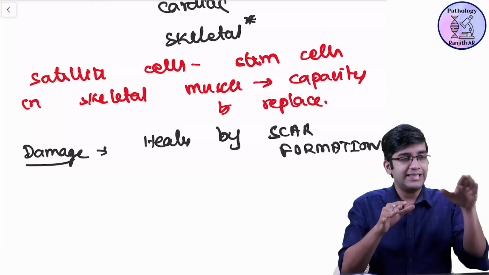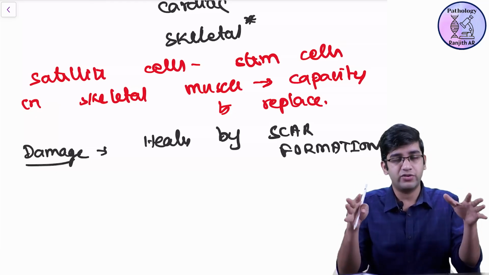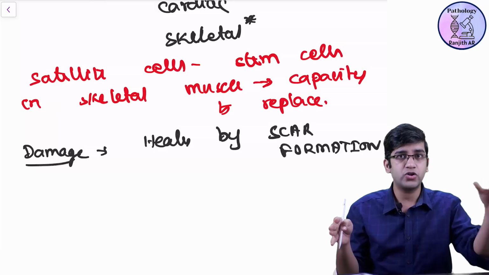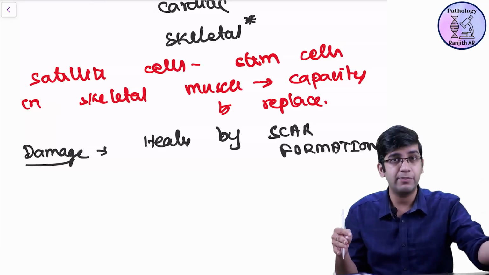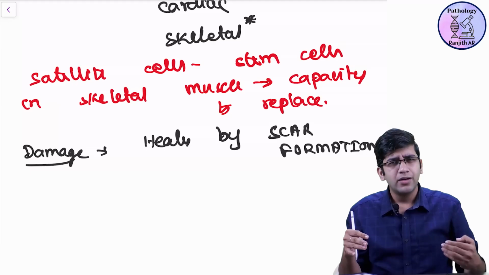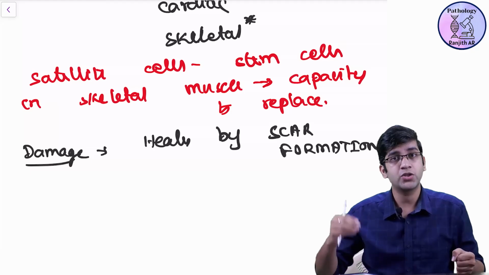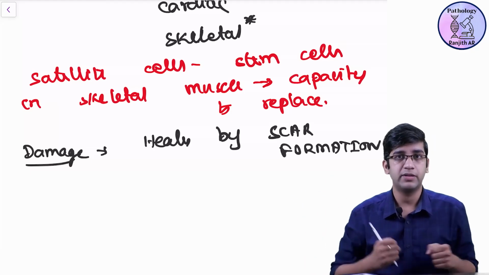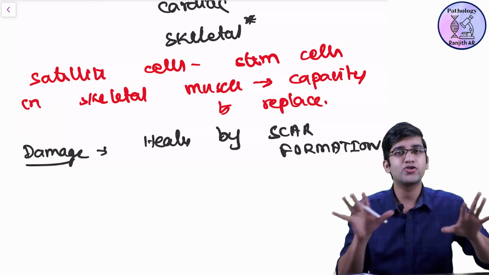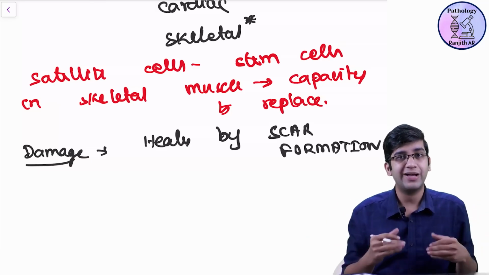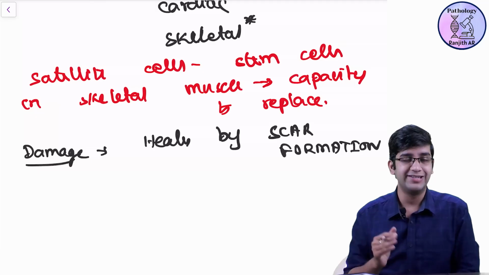So we read that healing or scar repair has two ways. One is complete regeneration, which happens in labile tissues always, and in stable tissue most of the time. Scar formation always happens in my permanently divided cells, right? We have sorted out which organs will have what type of reaction. That's what we did here.